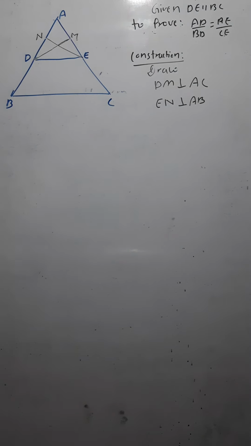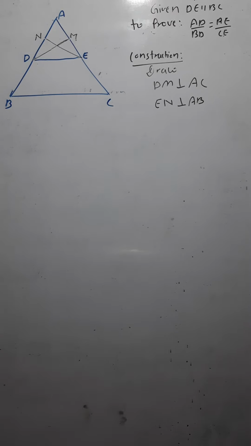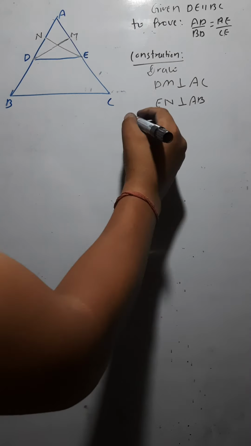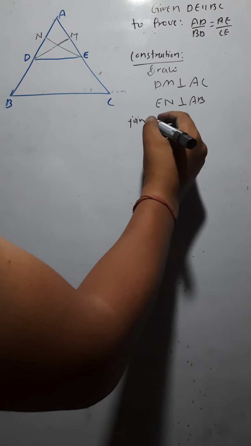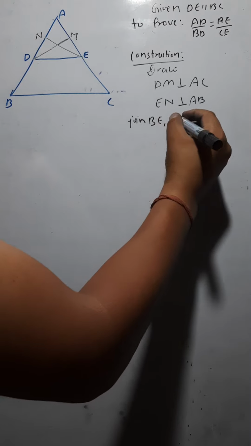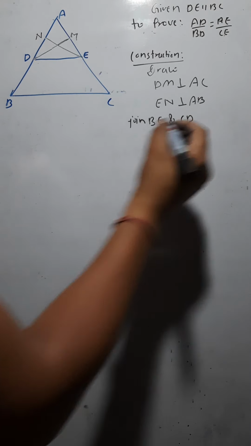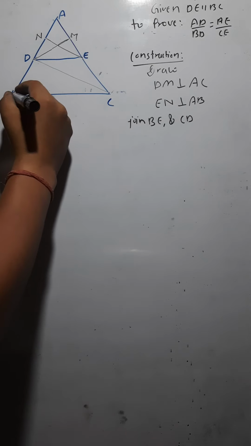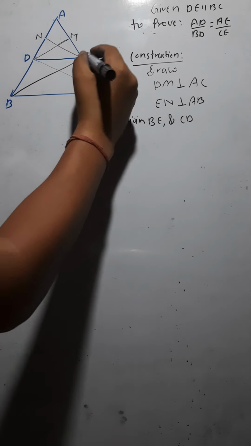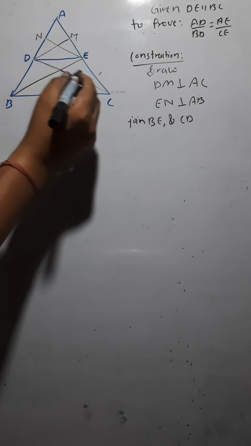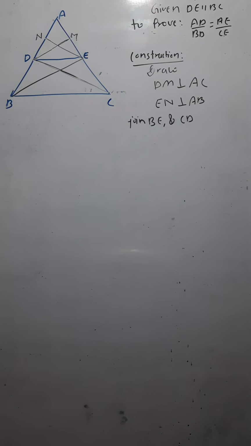Now one more thing we would do: we would join BE and CD. These two pairs of points we join together. So this is all we have done.